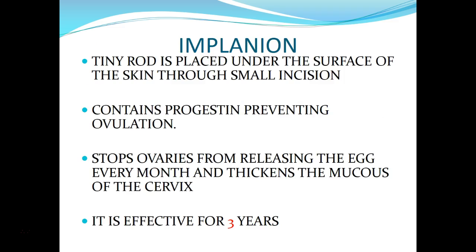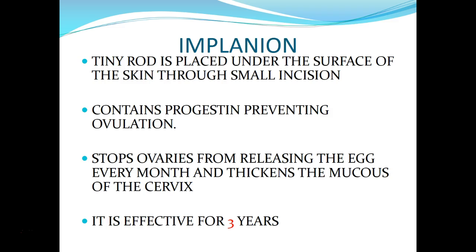The Implanon are these little rods that are placed under the surface of the skin through a small incision. Nurse practitioners can do this, ones that are trained, and your OBGYN can do this also in the office. Usually they're placed on the inner side of the upper arm.